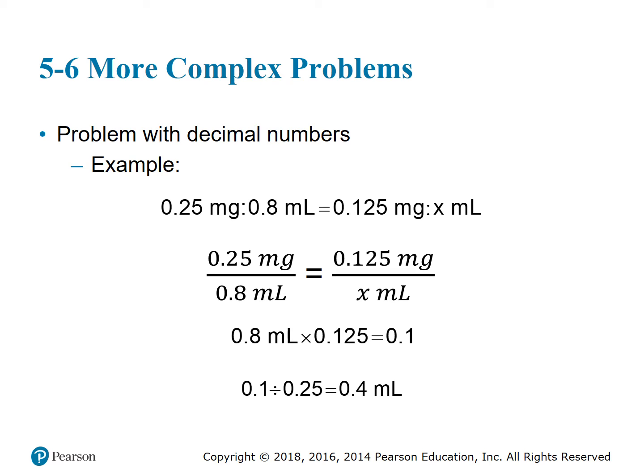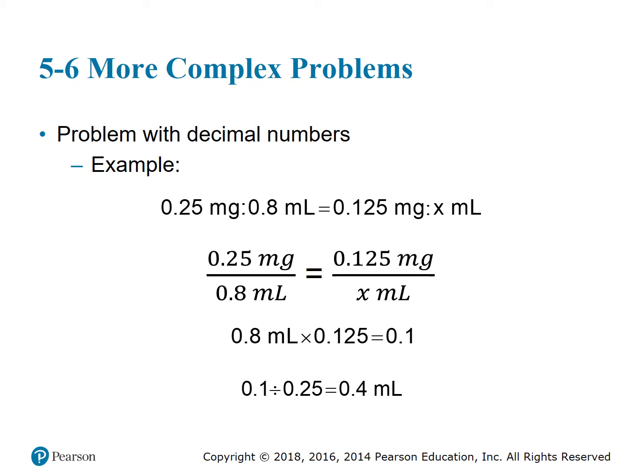And so now they're asking us, okay, if we have 0.125 milligrams, how many milliliters is that? All right, so the way that we're going to set this up is we're going to cross multiply our two numbers, 0.8 and 0.25, and that gives us 0.1, and then we divide by the number that is left to give us our x.